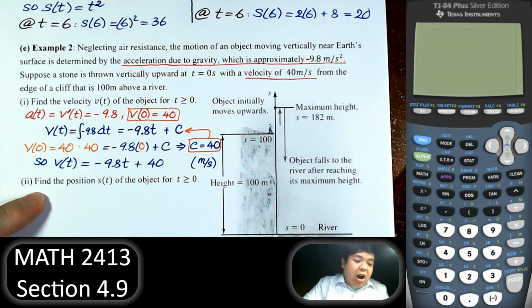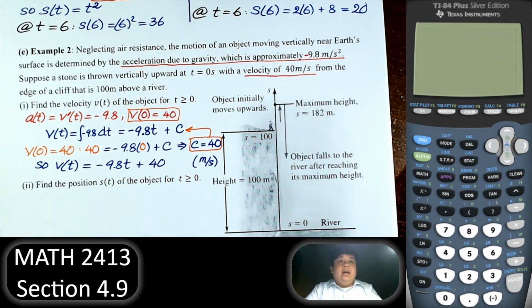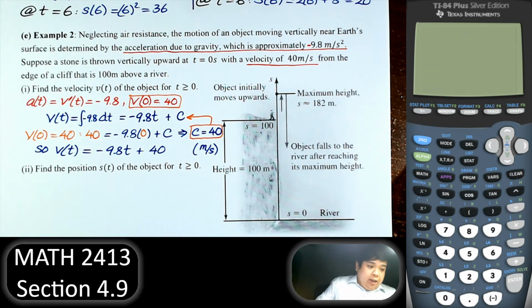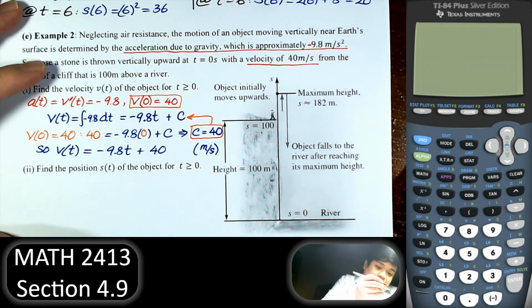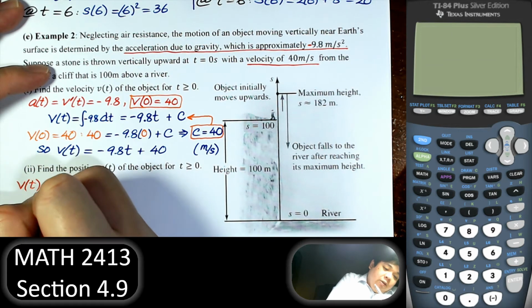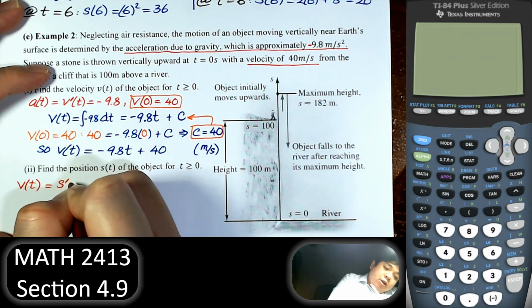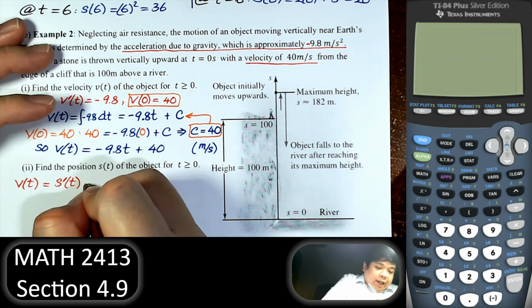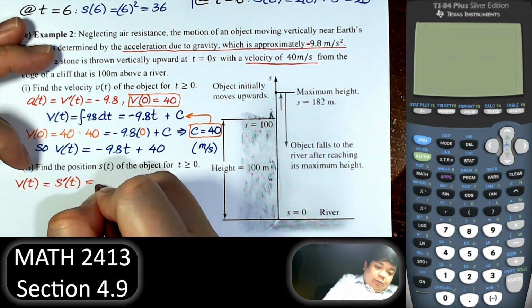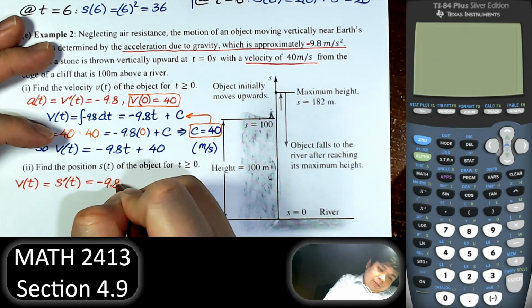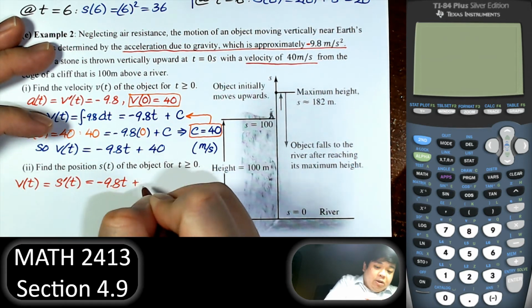Next, find the position of the object for t greater than or equal to 0. Now, the problem becomes: we have the velocity, right? Velocity is the derivative of the position function. Now we do know the velocity, or the derivative of the position function: negative 9.8 t plus 40.